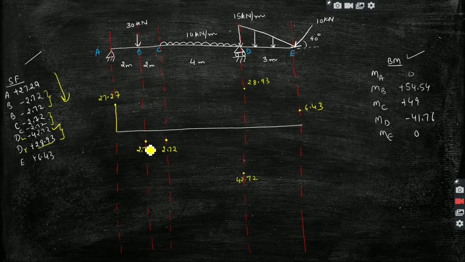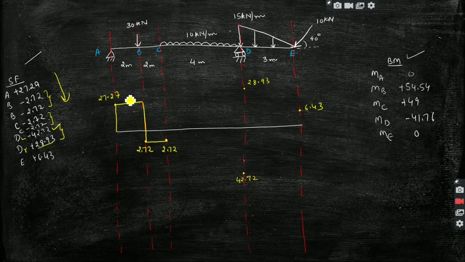As I have told you, when we have a concentrated load and we want to join the shear force values, we have to use a straight line for that. So in this way we will use the straight line. And between B and C also there is only concentrated load, so again a straight line, and also we have the same values here.